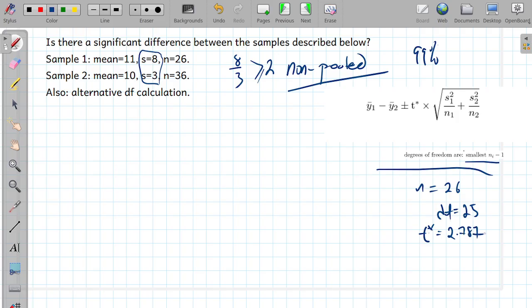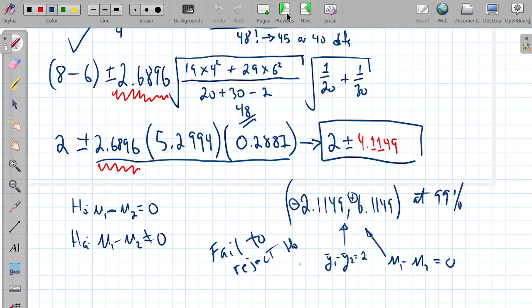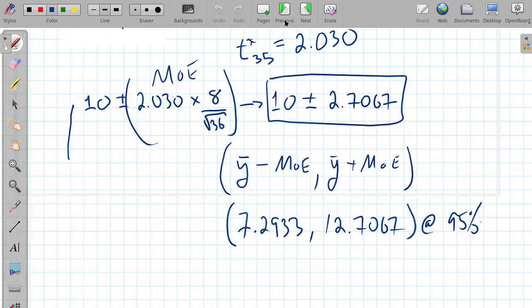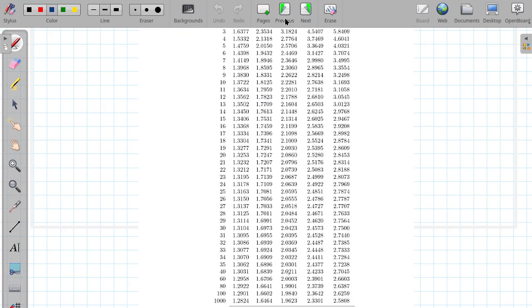And let's just verify that by going back to that table. Okay, so on row 25, and 99% confidence, we have 2.7874. We're only going to use the 3 decimals today. So this one is correct.